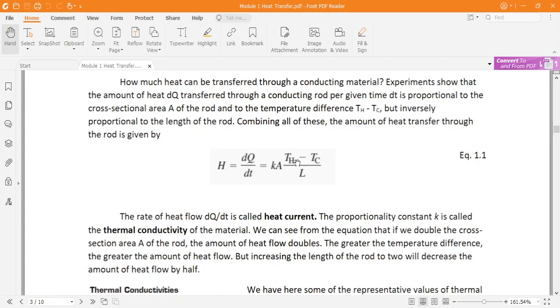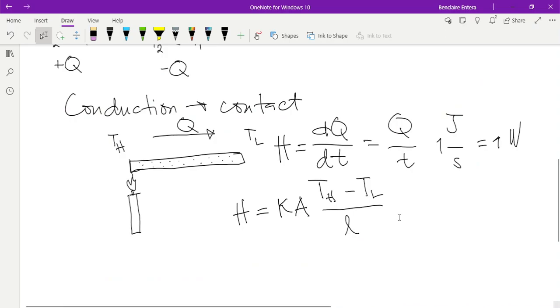So let's use TH and TC to avoid confusion, because we have L here. So let's change that to TC, and then let's change this to L.